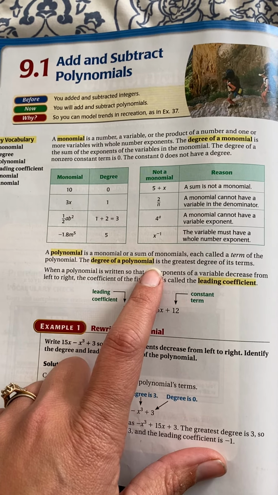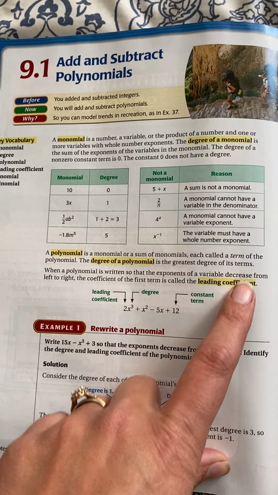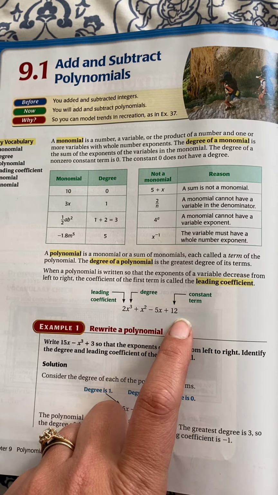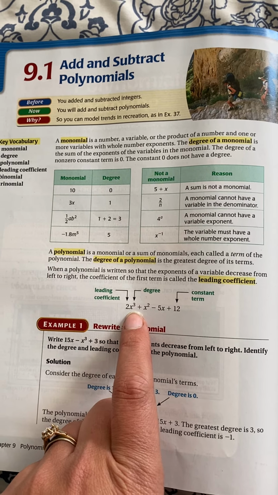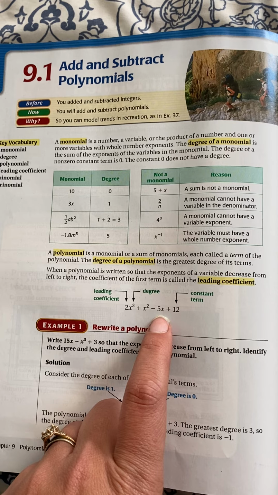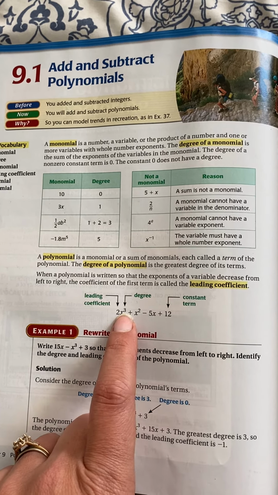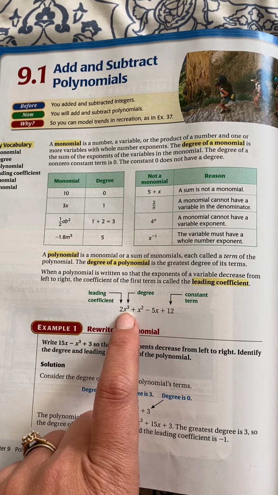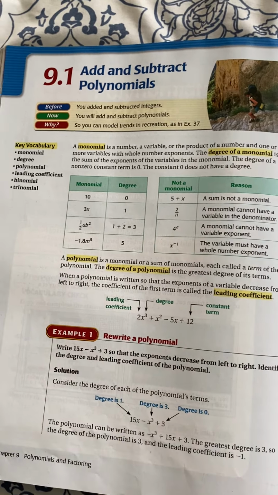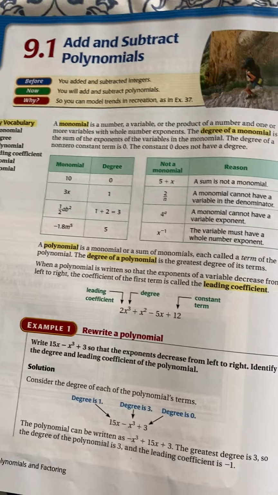The degree of a polynomial is the greatest degree of its terms. So this is a polynomial, 2x cubed plus x squared minus 5x plus 12. So my degree is 3 because that's the greatest degree that I have.